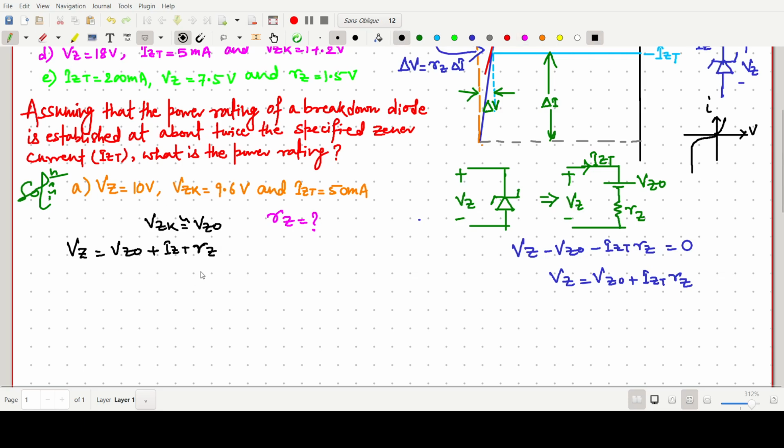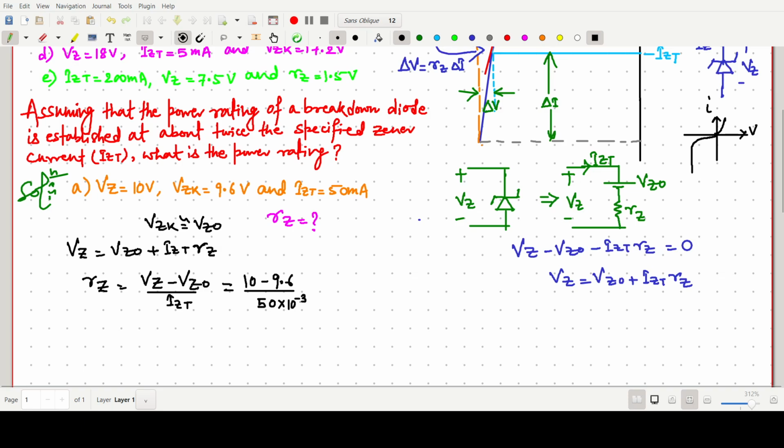For the RZ value, what we have to do is simply write RZ equals VZ minus VZ naught by IZT. Now the VZ value is already given, so just write 10 minus VZ naught, which is the same as VZK, 9.6, and test current is 50 milliampere.